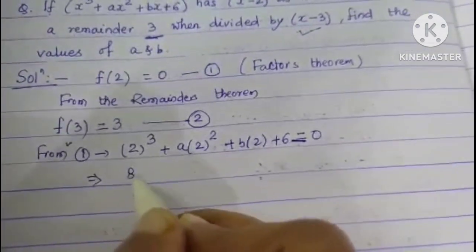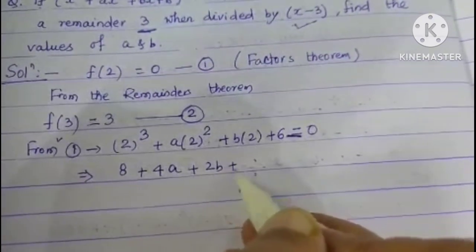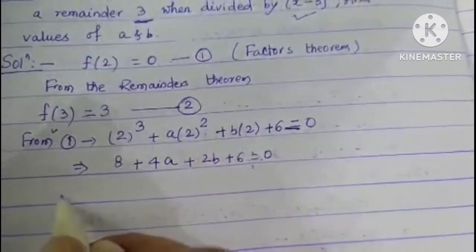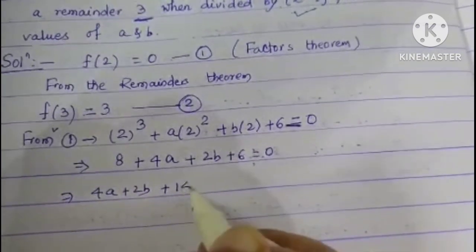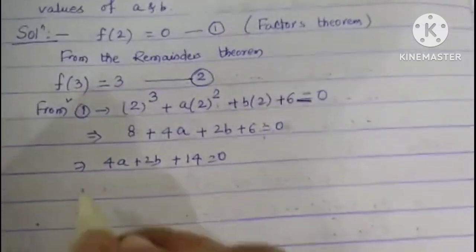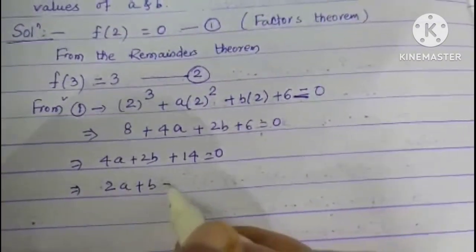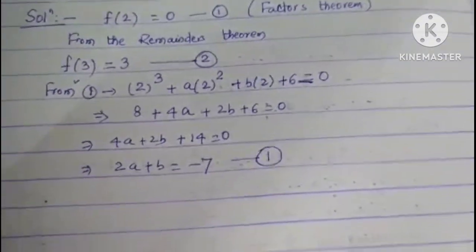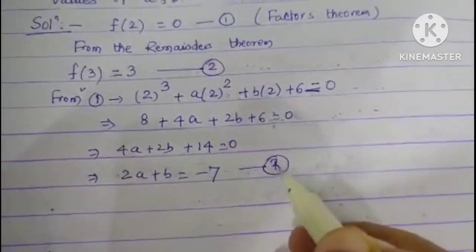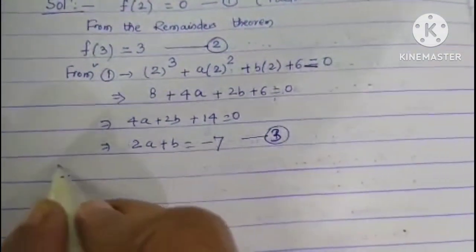This implies 8 plus 4a plus 2b plus 6 is equal to 0, so 4a plus 2b plus 14 is equal to 0. When we take 2 as common, 2a plus b is equal to minus 7. Let us take this as equation 3, because 1 and 2 we have supposed.